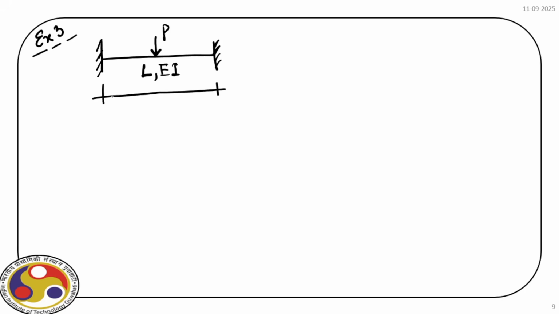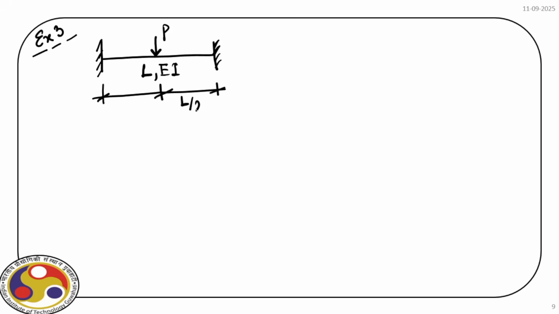Now let us take a different example. In this example, we have a fixed cantilever beam. So this fixed beam has length L and EI as the flexural rigidity, and then we apply a force P at a distance L by 2 from either support, right?